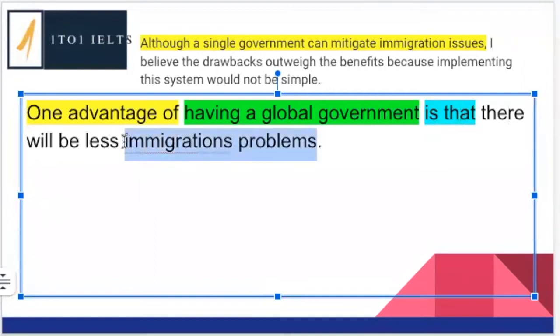Can you tell me why the grammar correction thing is picking out a problem here? What is wrong with immigrations? Aha, Nabila, yes, it should be singular. Can you tell me why it should be singular?